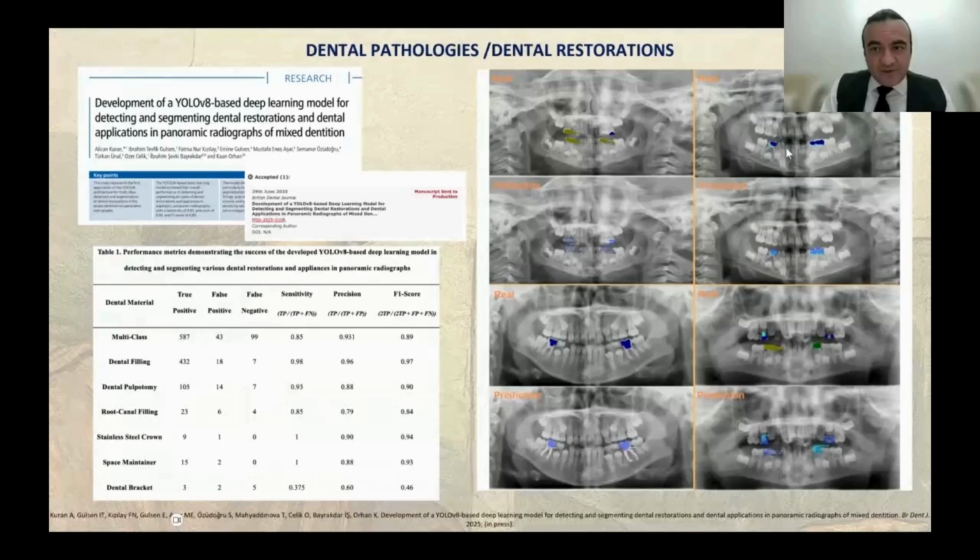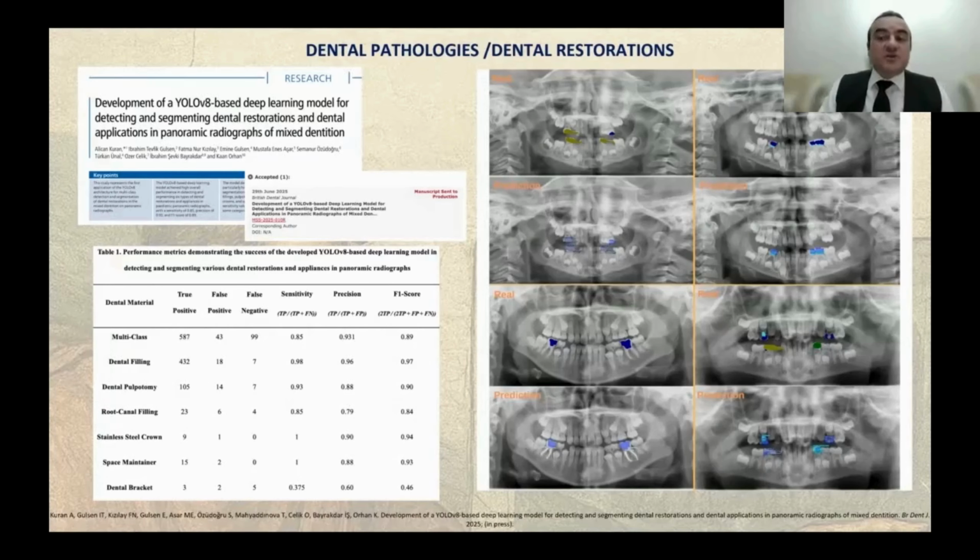But in this study, we can pick up not just the dental filling, but the model can also automatically segment the dental pulpotomy, and the dental pulpotomy material segmentation can be done very nicely.